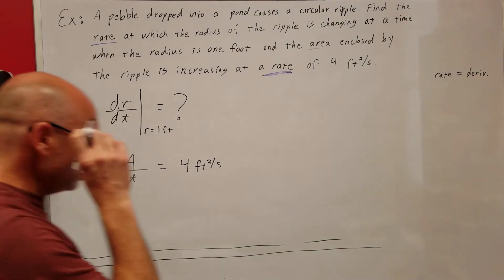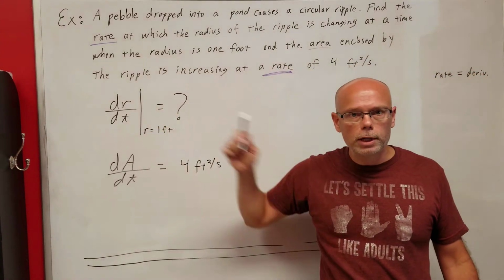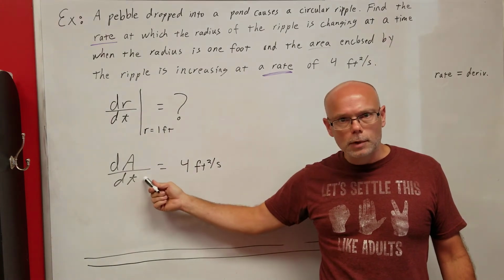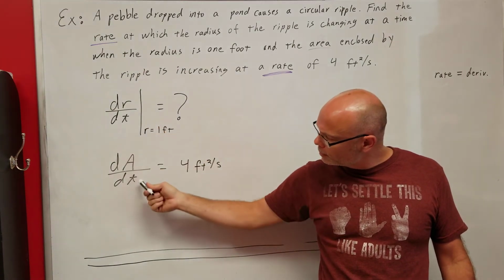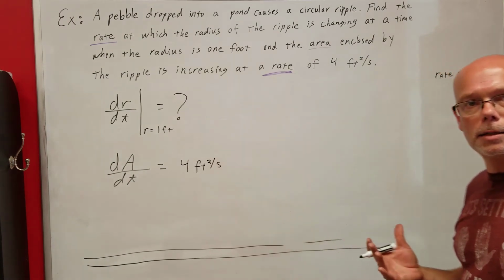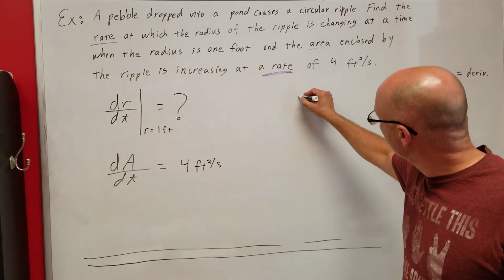All right, so let's figure out what I need to do here. I need to find dr over dt, right? I'm given dA over dt. So I know I'm going to take a derivative of something with respect to t. But I need that equation. I need that something. Well, think about your formula for the area of a circle.